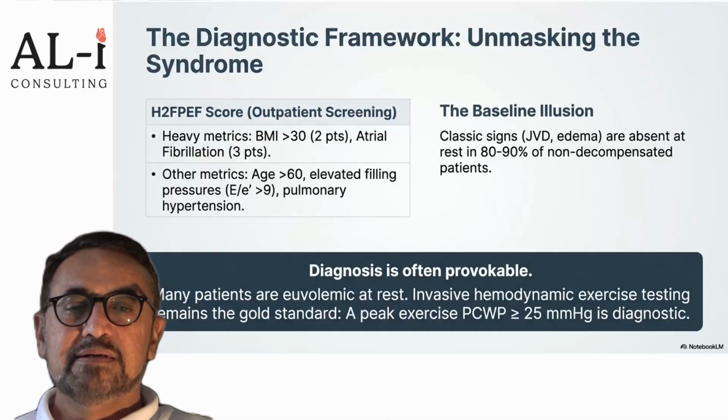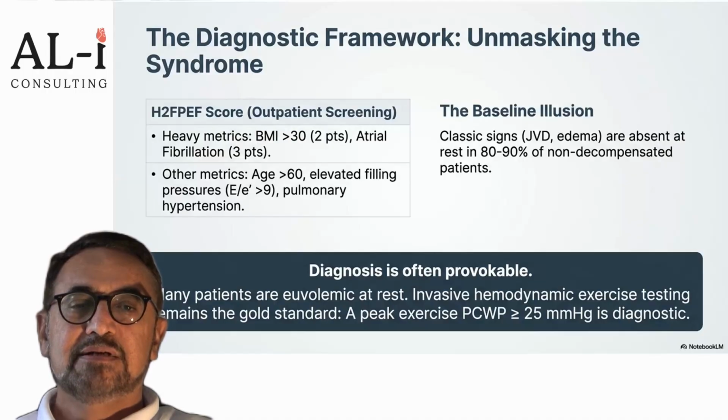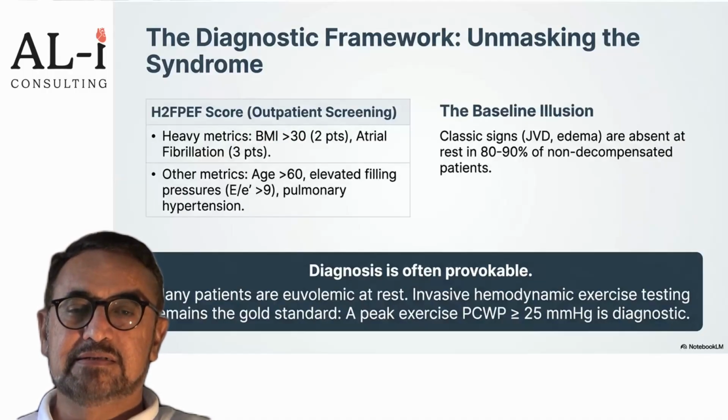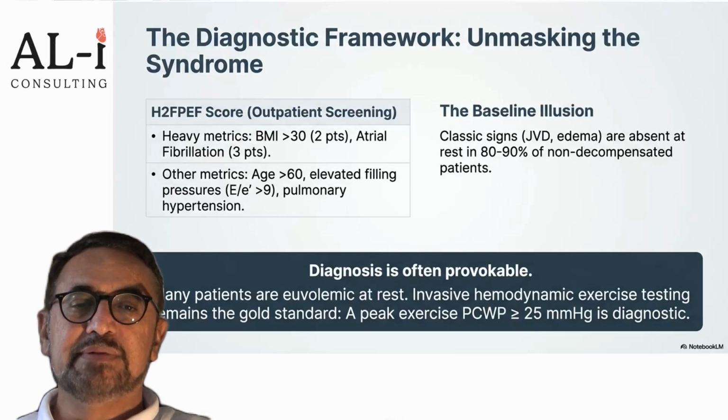But remember the message on the right side of the slide, the baseline illusion. Many patients do not have obvious jugular venous distension or edema at rest. That is why HFpEF is often a provocable diagnosis. If suspicion remains high, invasive hemodynamic exercise testing is the gold standard.